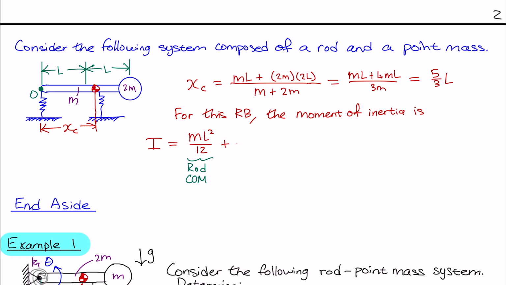Plus m times quantity xc minus L, that quantity squared. And this is parallel axis theorem for the rod.